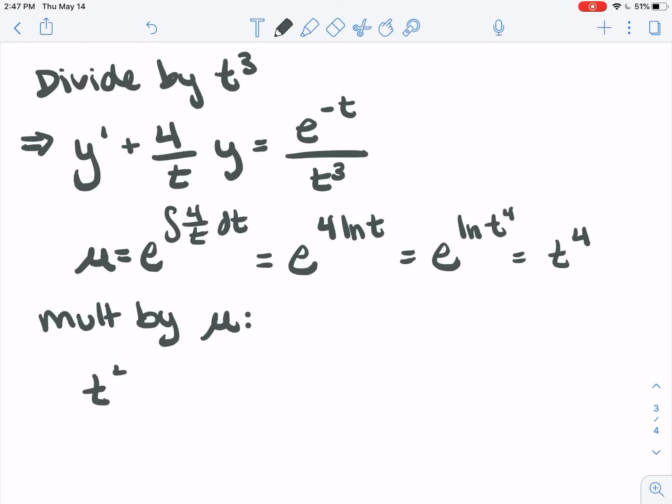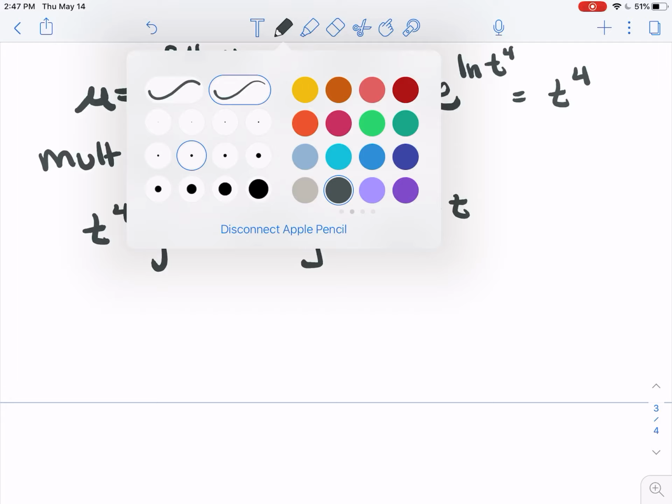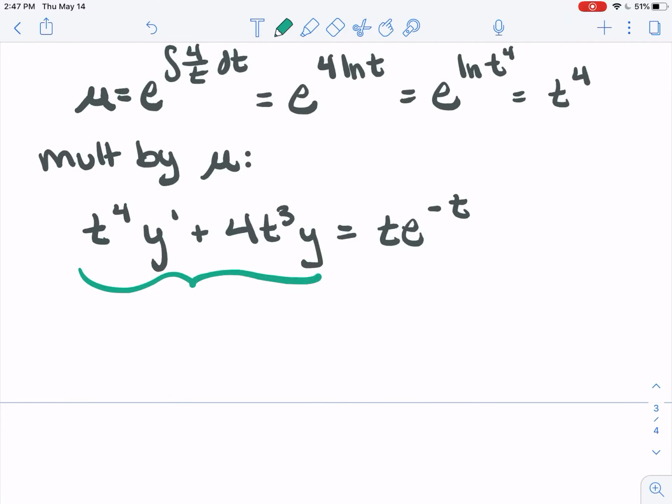We get t to the 4th y prime plus 4t cubed times y equals t e to the minus t. And again, that great magic step is that this left-hand side is just the integrating factor, t to the 4th, times y, all prime.